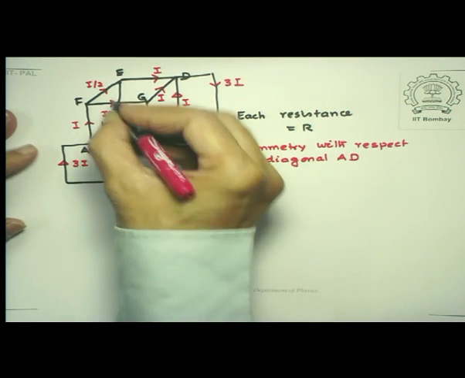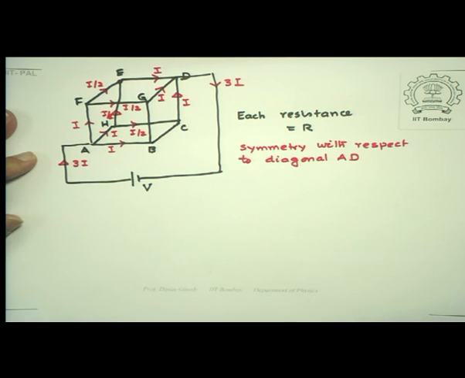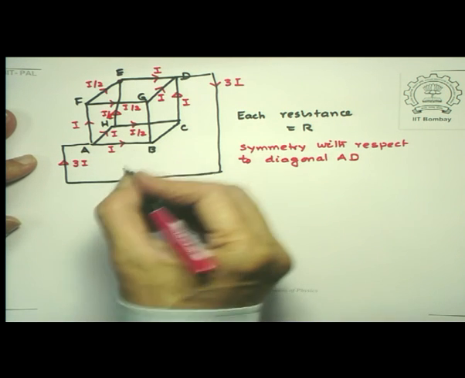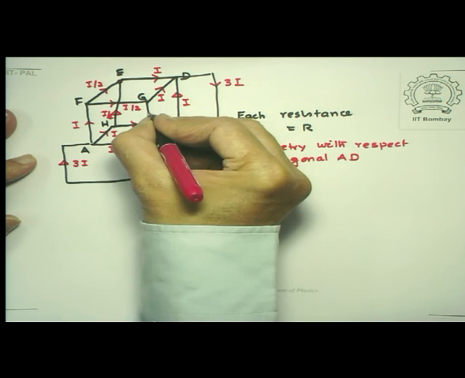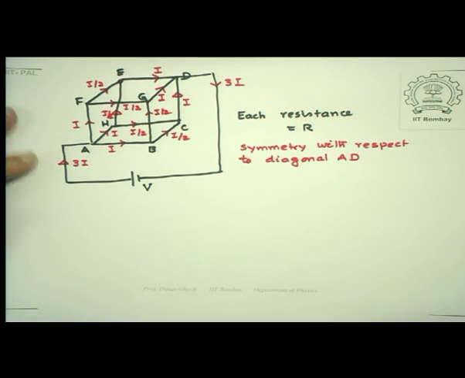And you can check that the junction rule is automatically satisfied there. And likewise, this will be I by 2, this will also be I by 2. Now notice that we have only used the symmetry of the problem in getting into this situation.